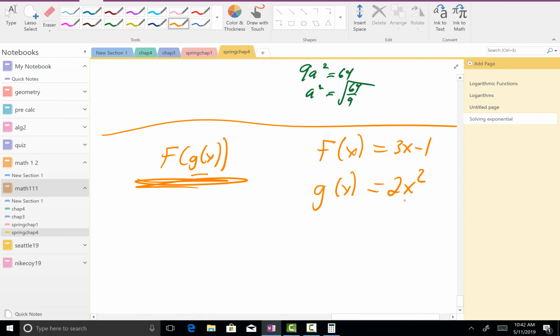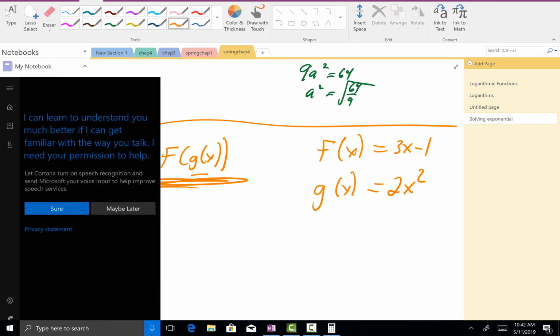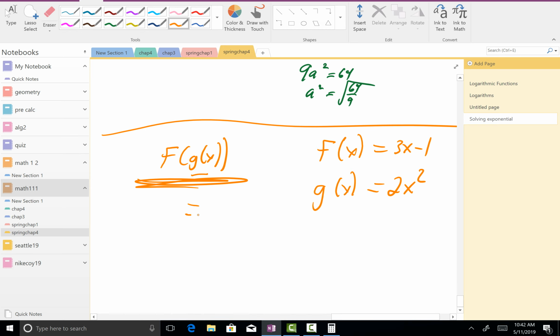So this goes into here. F of g of x, g goes into the f function. So when you see f of g, g goes into the f. So then this is going to be 3 times 2x squared minus 1 like that. Okay, and then you should work it out, what you guys did.